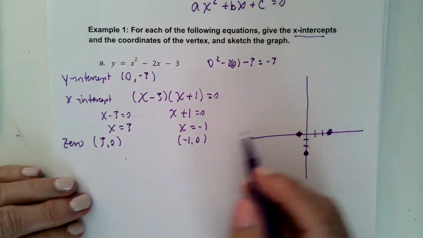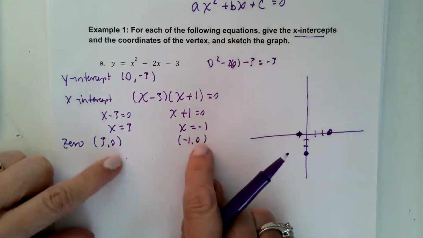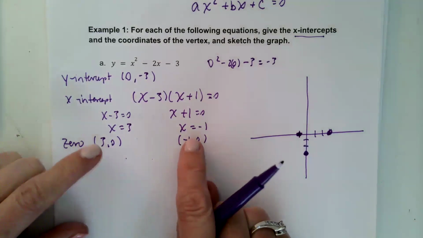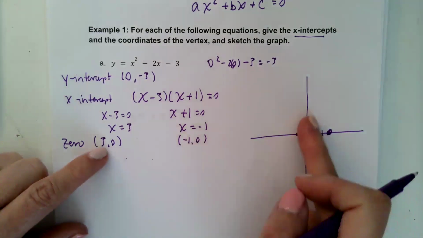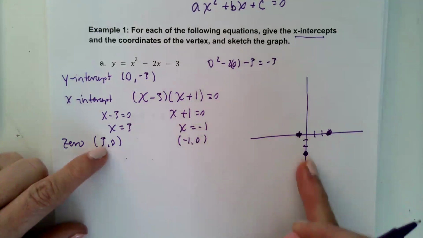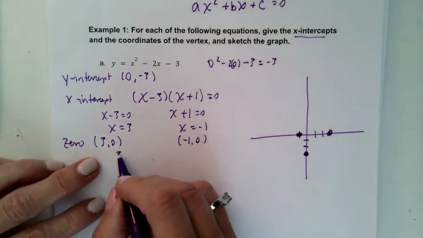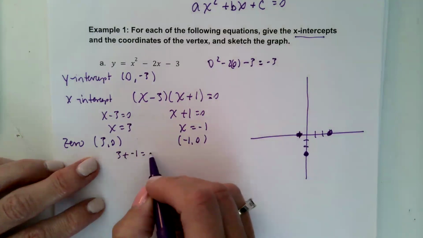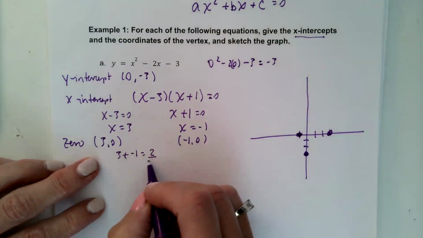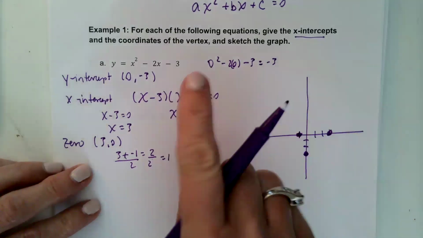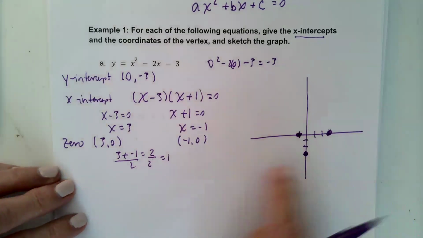Okay. Now, because these 2 points have a y of 0, I could add the x's and divide by 2. So take the average of the x's, and that would give me the very middle where the vertex is. So just to show you what that would look like, 3 plus a -1 is 2, divided by 2 is 1. So I think the x value of the vertex is at 1.